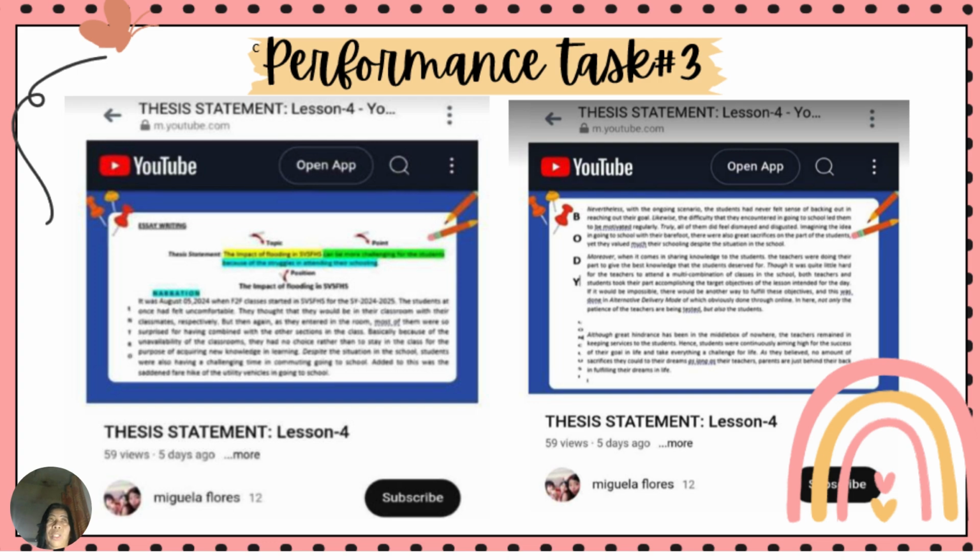So we had our face-to-face classes on August 5, and we made up an essay for that, where most of the answers we wrote down were solicited from the students: the impact of flooding in SBSF.